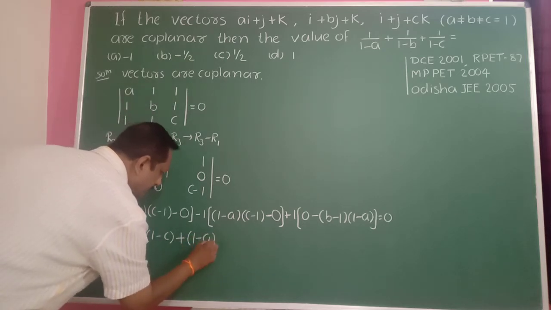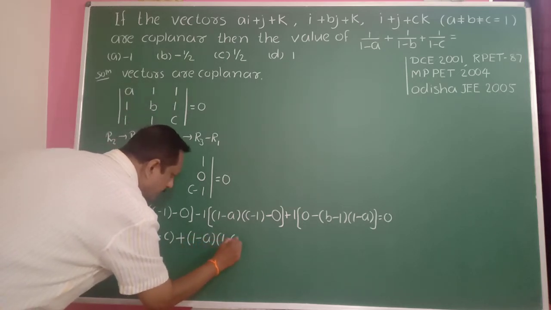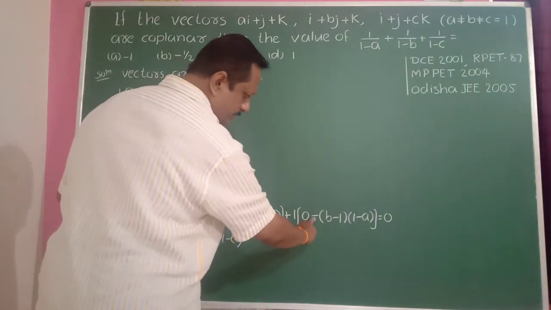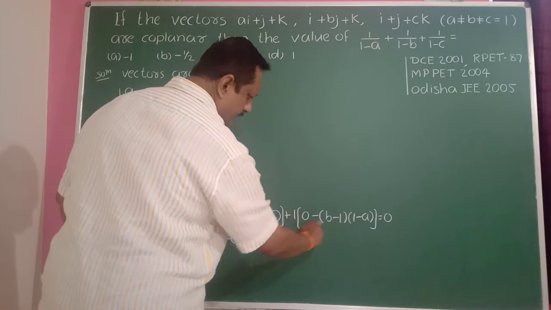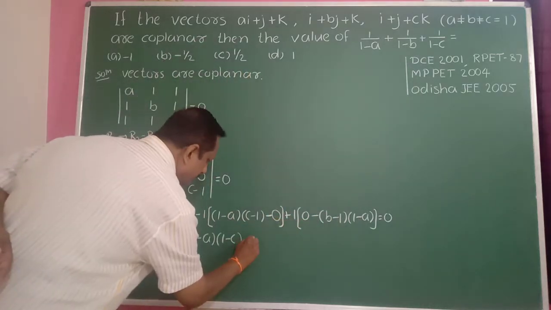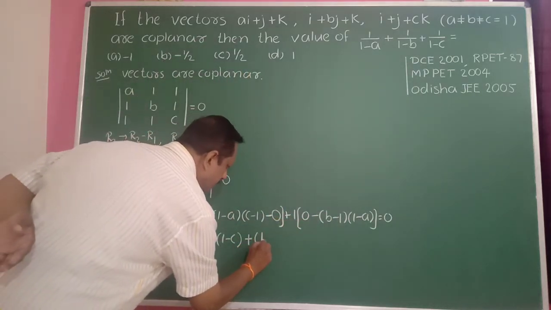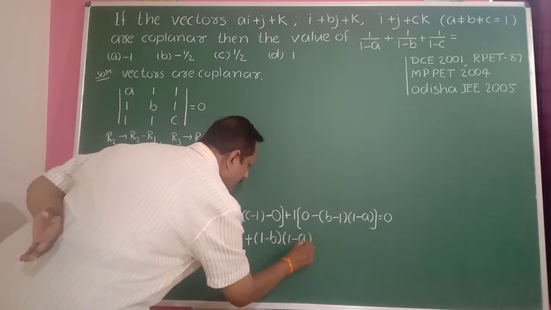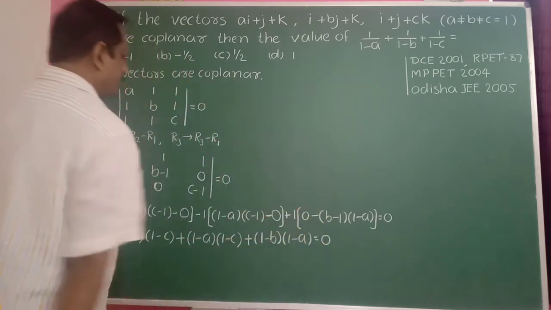Then here also, plus (1 minus B) into (1 minus A), that is equal to 0.